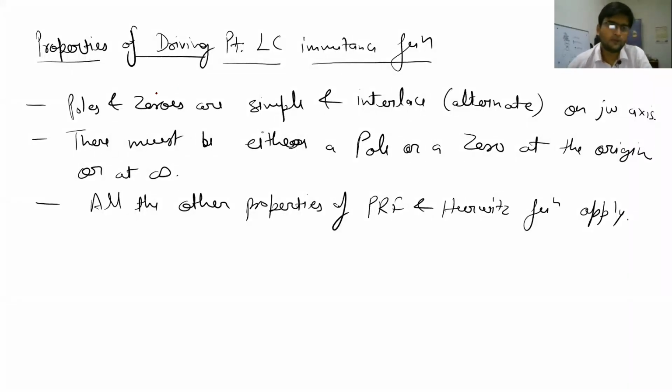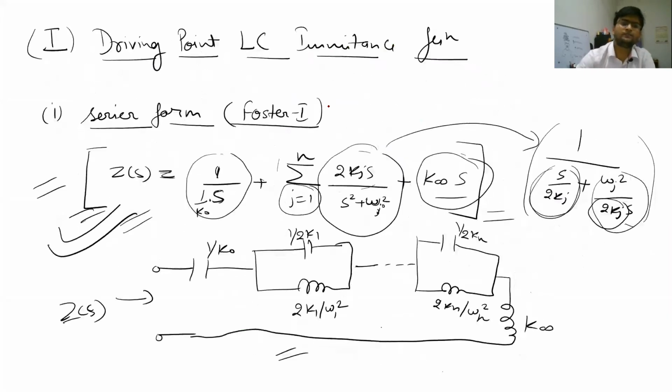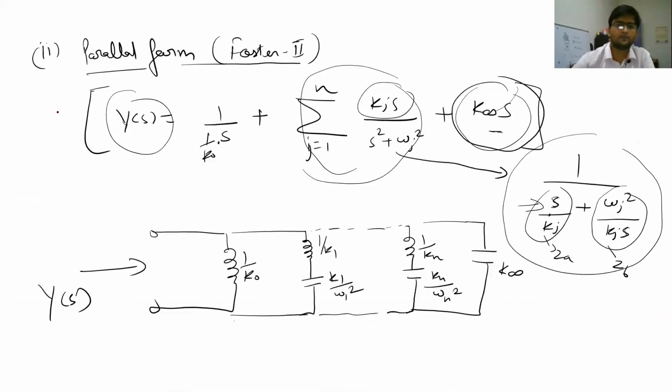Now, in many competitive exams or even in semester exams, this question is often asked: write the properties of driving point LC immittance functions. Since both Y(s) and Z(s) have the same form, we can take either function.